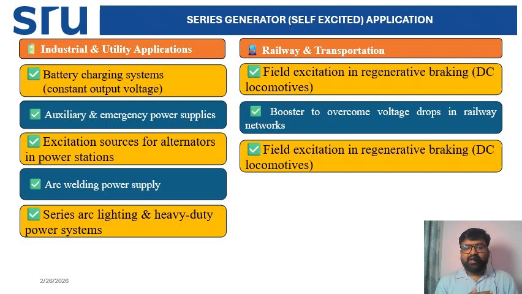In a vehicle, anytime we apply the brakes to stop it, the vehicle will definitely stop. But during braking it can regenerate, meaning some of the power that was consumed can be returned back to the battery. That is also possible through series generators.